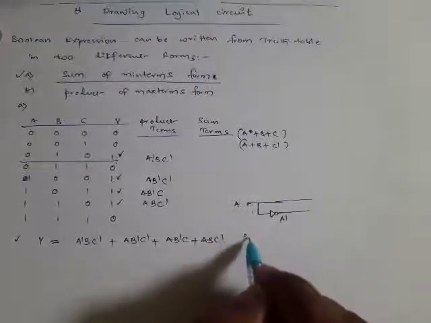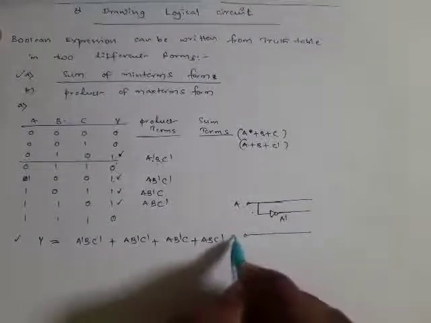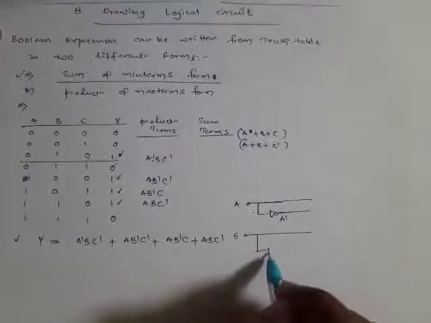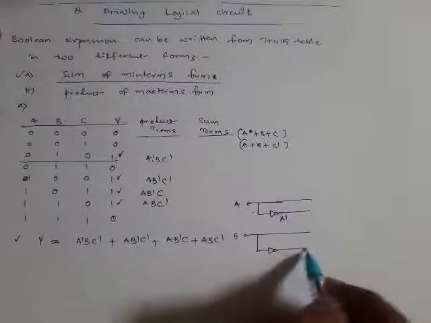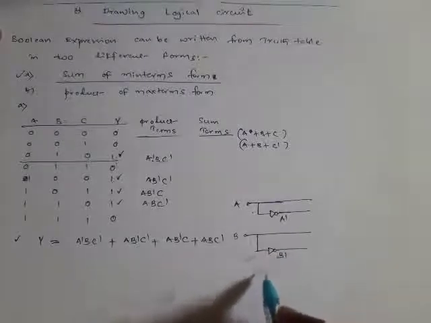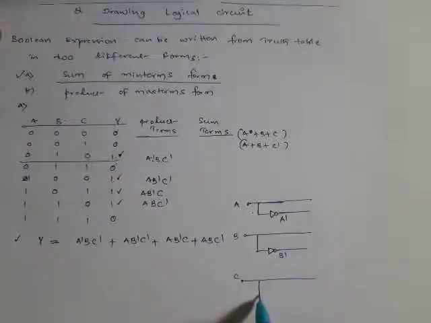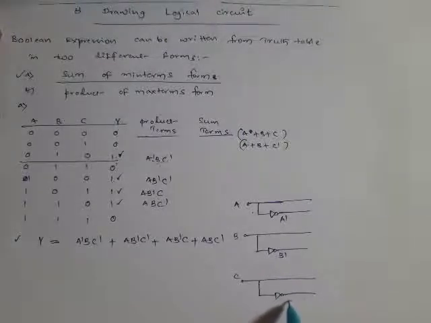Similarly we take B, and by using a NOT gate we obtain B bar, and similarly for C, by using a NOT gate we obtain C bar.